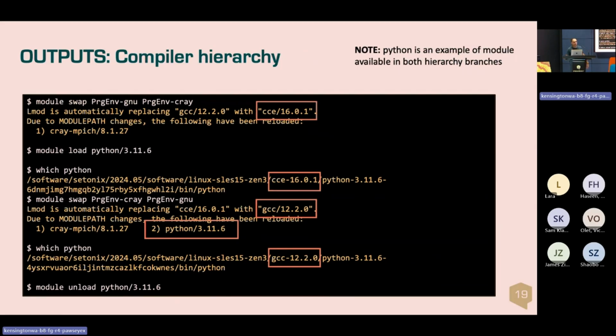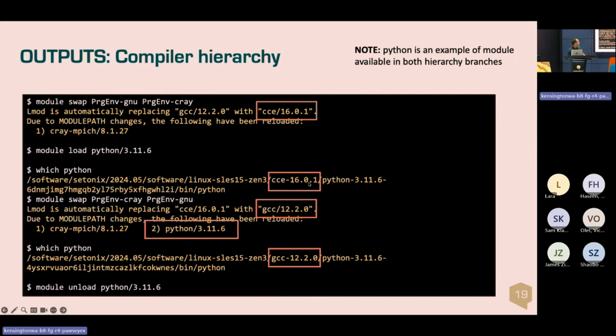And here is exactly an example. In this case, we swap from the GNU to the Cray environment, and you can see there are a few messages saying I'm replacing the stack with GCC with the Cray compiler based one. If you load Python in this way, you see that now the path is based on the Cray compiler.